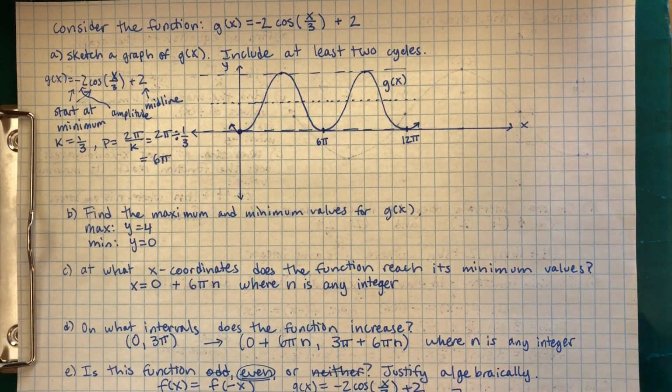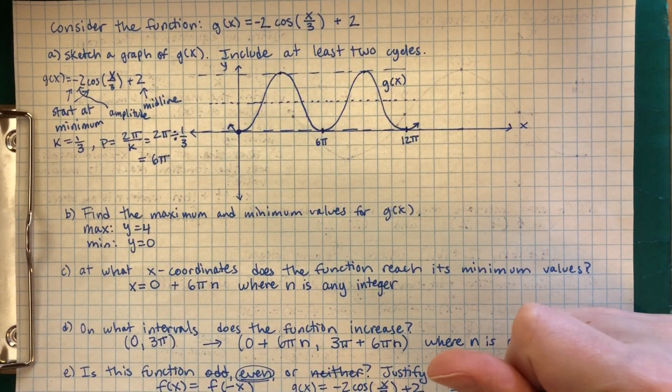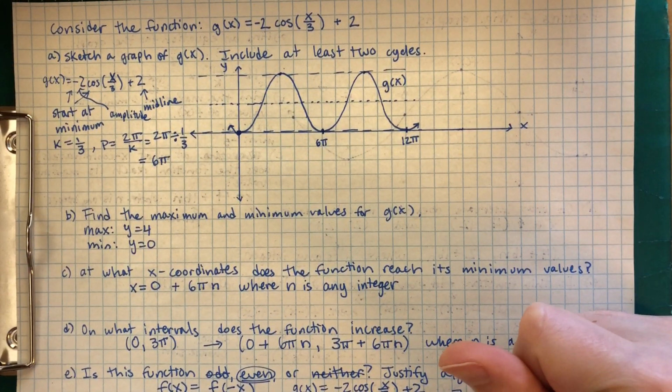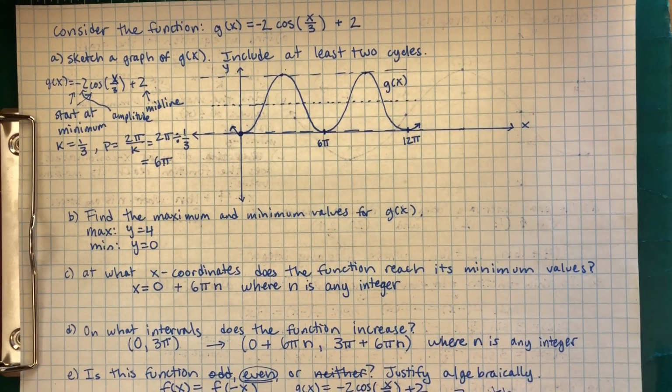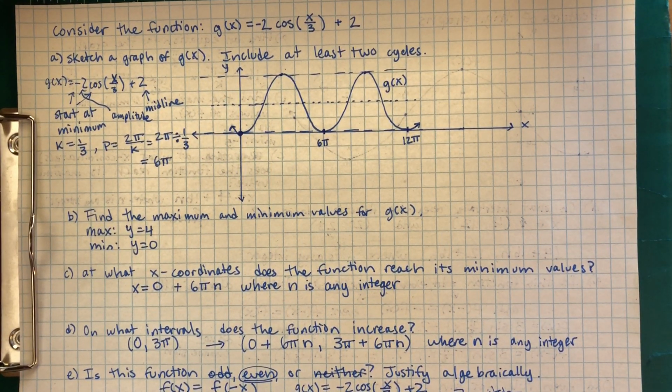And because these match exactly, our function must be even. The only place where x occurs in our function is inside the cosine. And it turns out that if you take a cosine function and you change the sign of whatever's inside, it does not change the result.